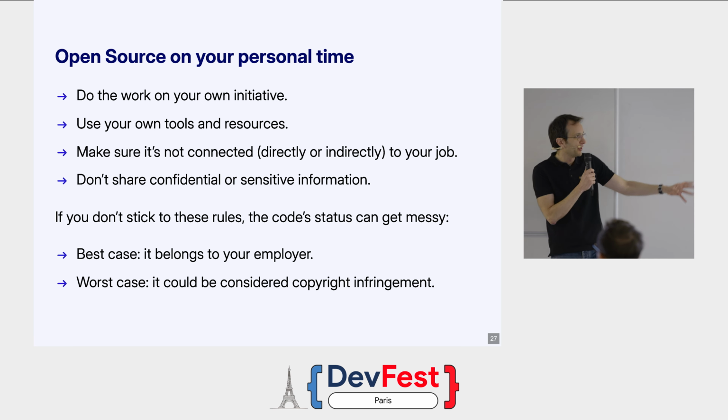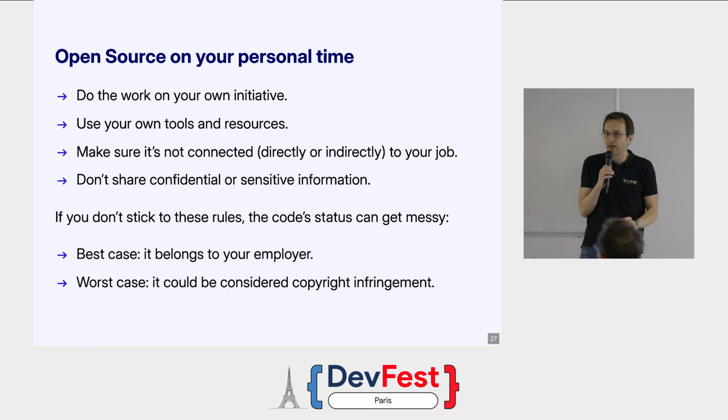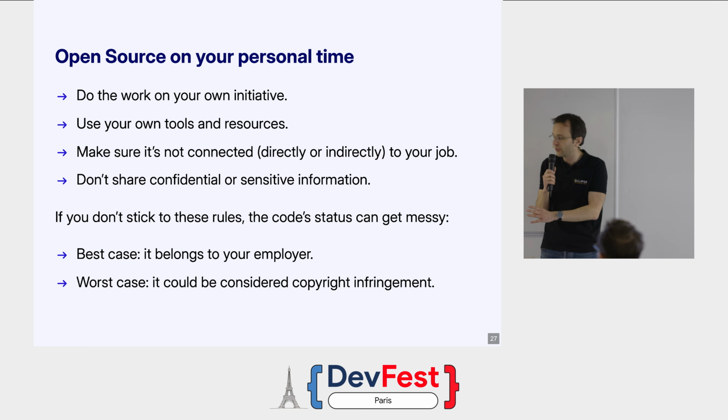That's not asked by your manager. You use your own tools and your own resources. Do not use the laptop provided by your company to do personal stuff and personal commits to GitHub, for example. Make sure it is not connected to your job, or if it is, ask for permission to do it and get permission. And again, don't share personal or sensitive information.